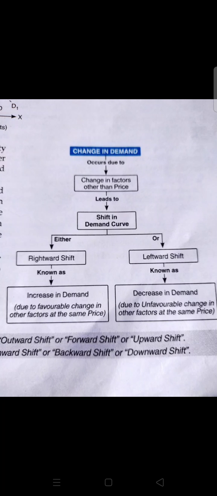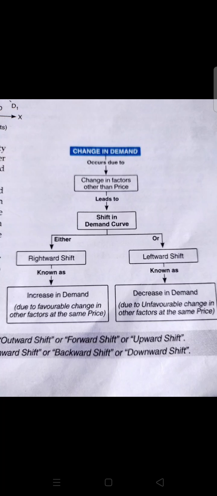Now while making the graph, if the change is due to price, it is a movement in the curve, and if the change is due to other factors, it is a shift in the curve. Movement is of two types, downward and upward, and shift is also of two types, increase and decrease.